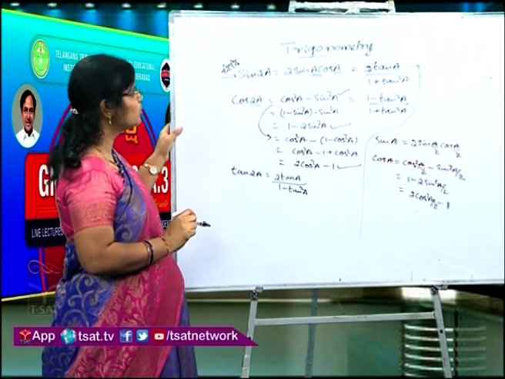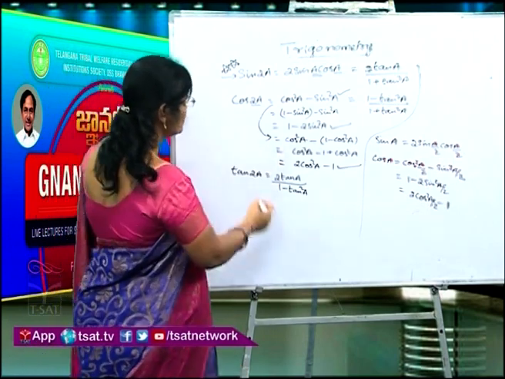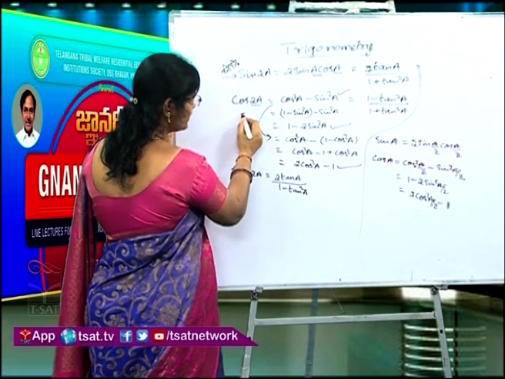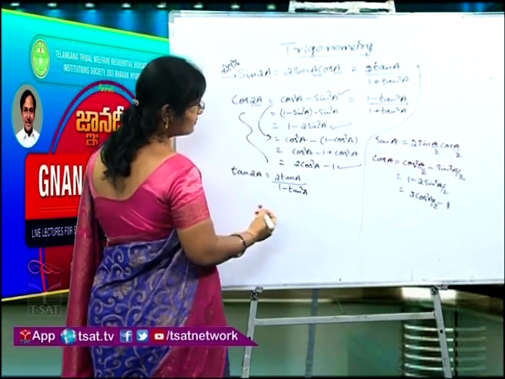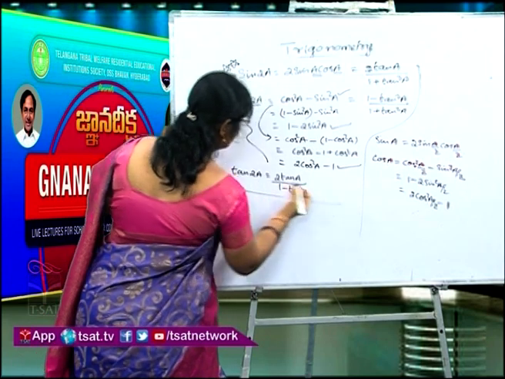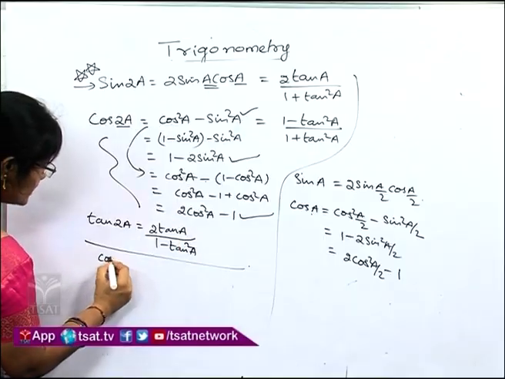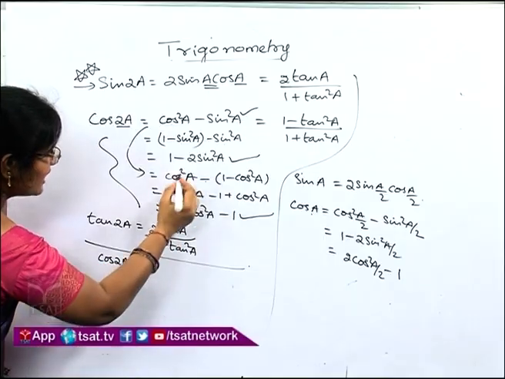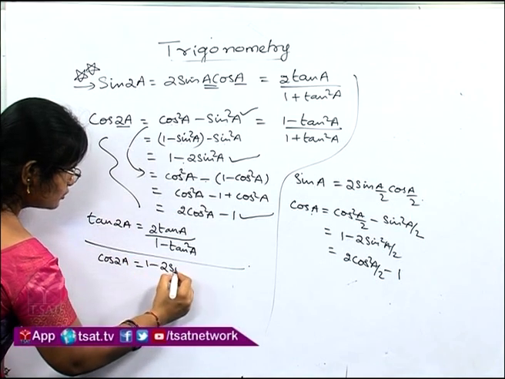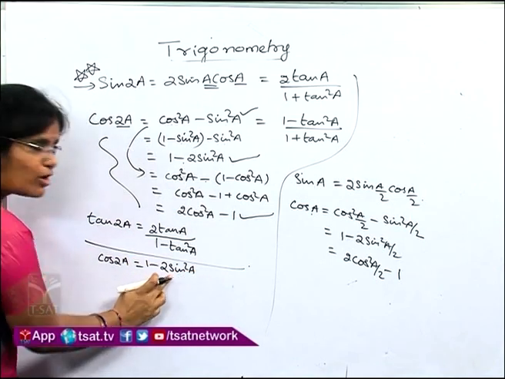And one more thing I want to say. So, from this only, children, we can derive another two formulae. So, that we will see. So, cos 2a equal to, we are having 1 minus 2 sin square a. Now, we want formula for sin square.